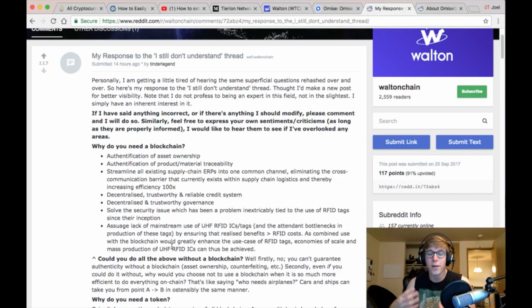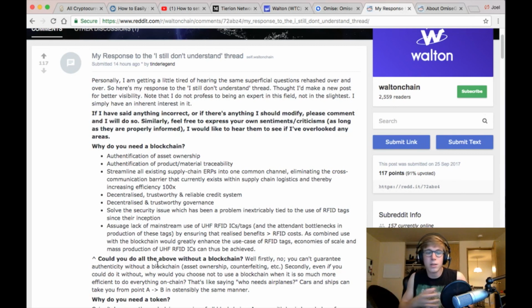So now RFID technology is more so used in warehouses to track where things come from, and to make sure that they actually have it in storage, and where it's going. So yeah, exactly what I was saying, supply chain stuff. But the issue with supply chain is that one company in the supply chain keeps data about their particular part of the chain, and then the next company keeps data on their particular part of the chain.